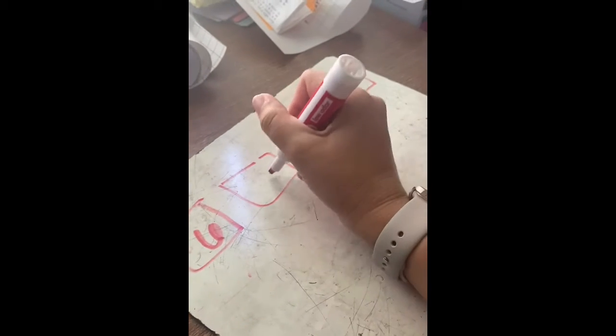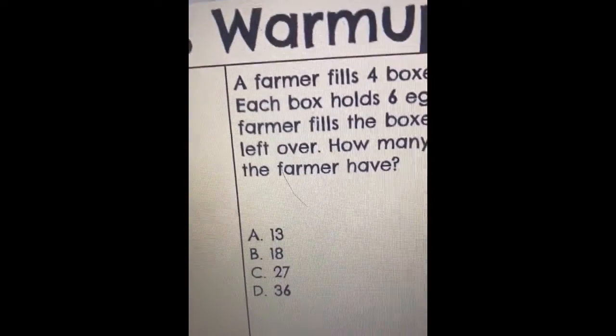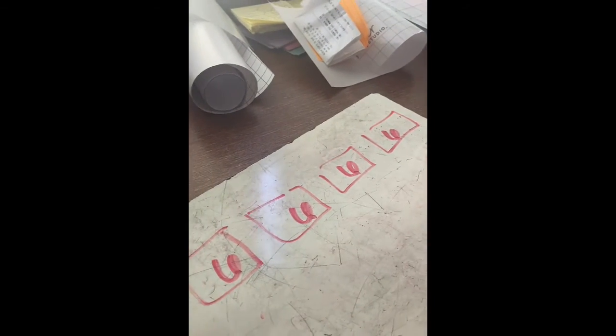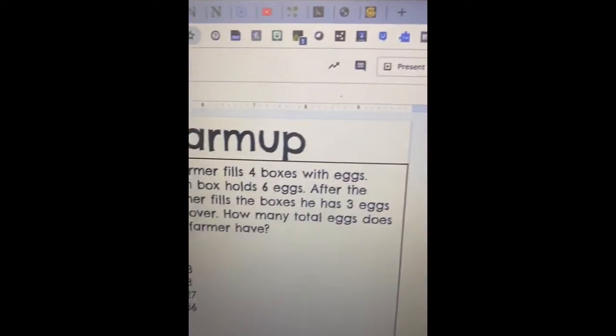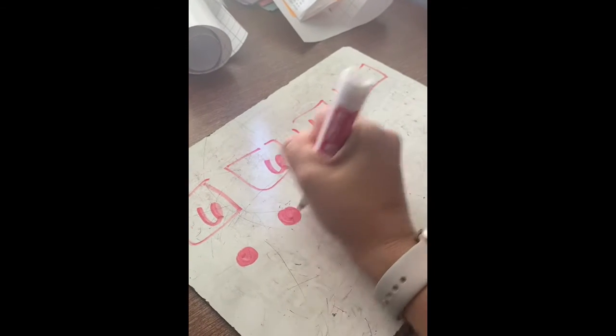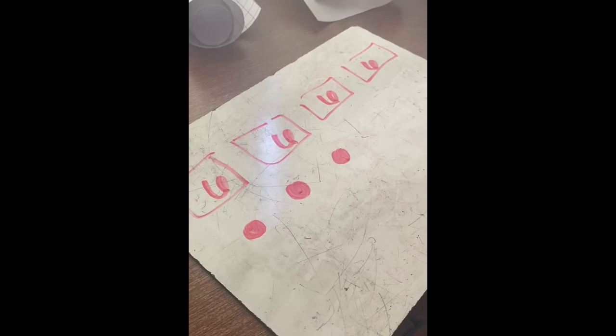So this one holds 6, this one holds 6, this one holds 6, and this one holds 6. There are 6 eggs in each box. After the farmer fills the boxes, he has 3 eggs left over. So he's got 1, 2, 3 eggs left over. How many total eggs does the farmer have?